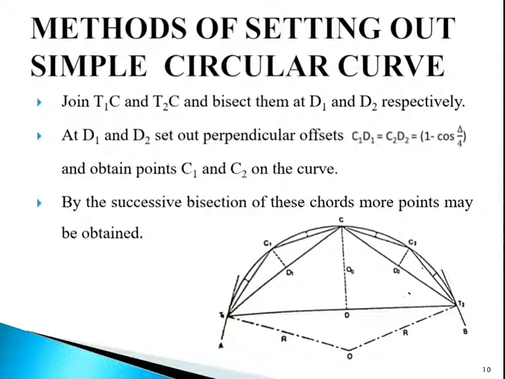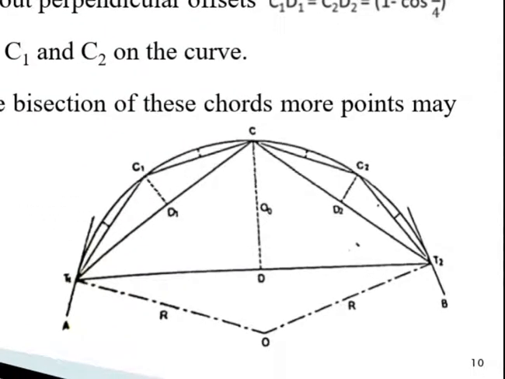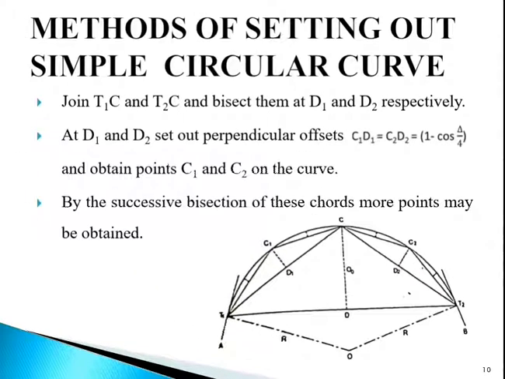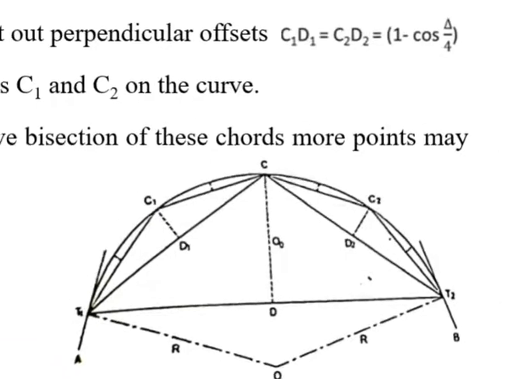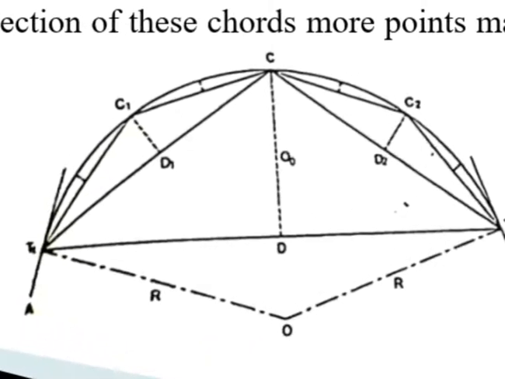Next, join T1C and T2C and bisect them at D1 and D2 respectively. At D1 and D2 set out the perpendicular offsets, as we discussed in the previous step.